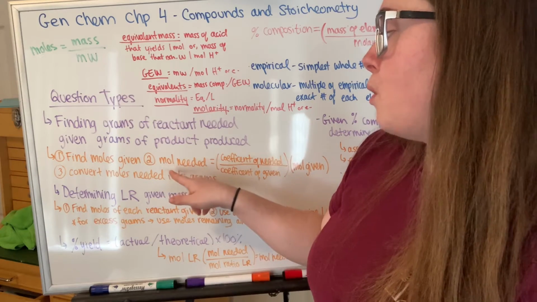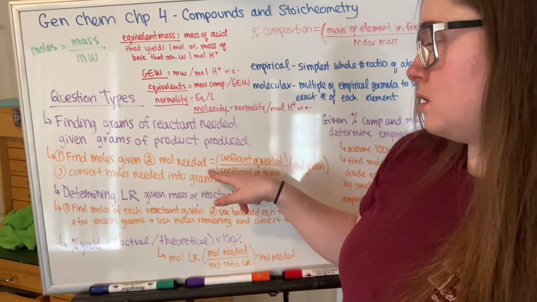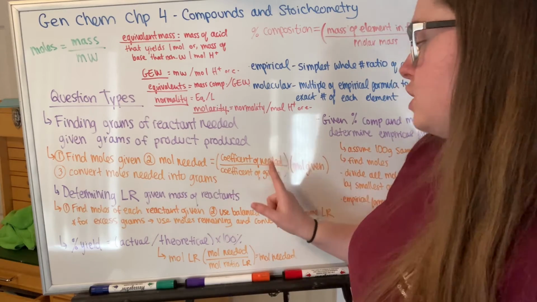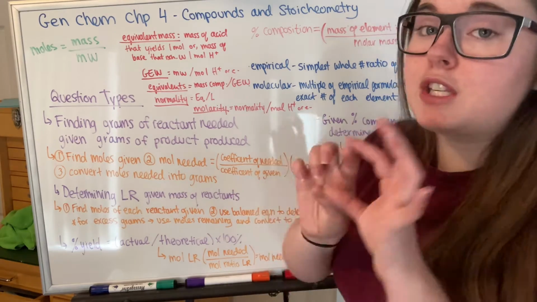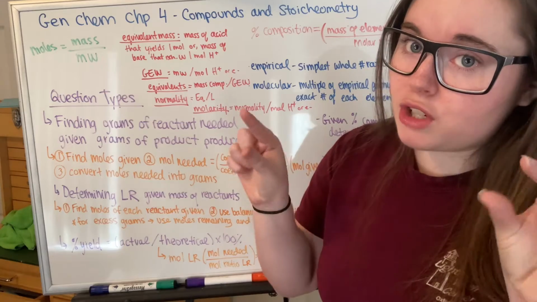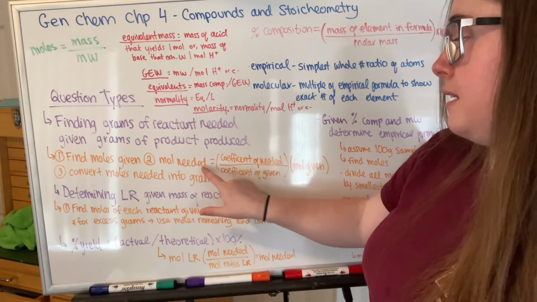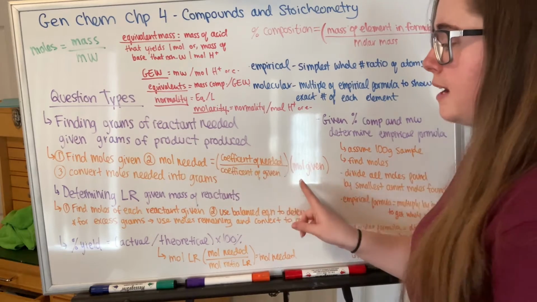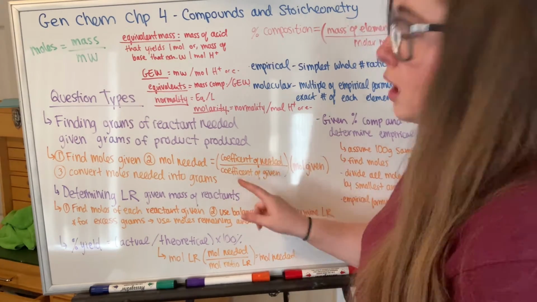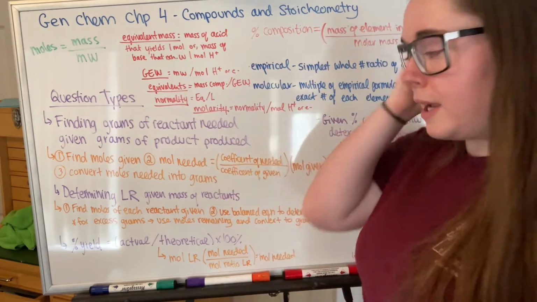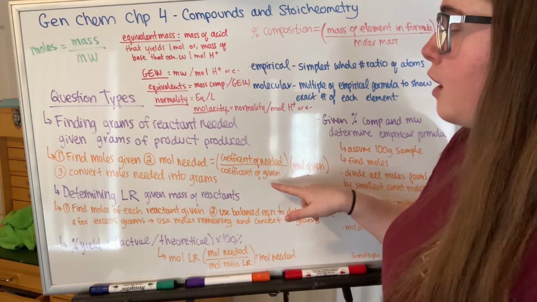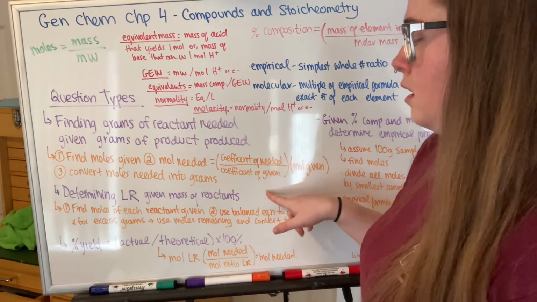Then the moles needed equals the coefficient from the balanced chemical equation of whatever compound you're trying to find, divided by the coefficient from the balanced chemical equation of the compound you are given in the problem.